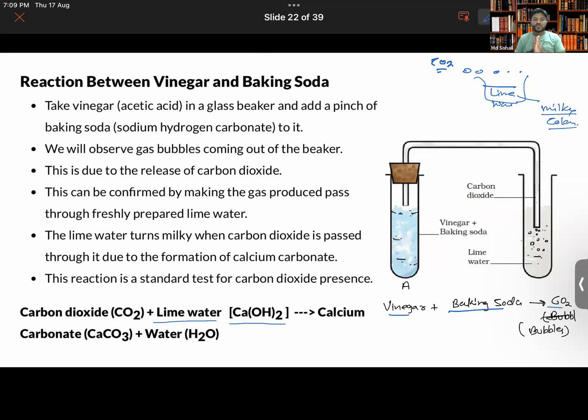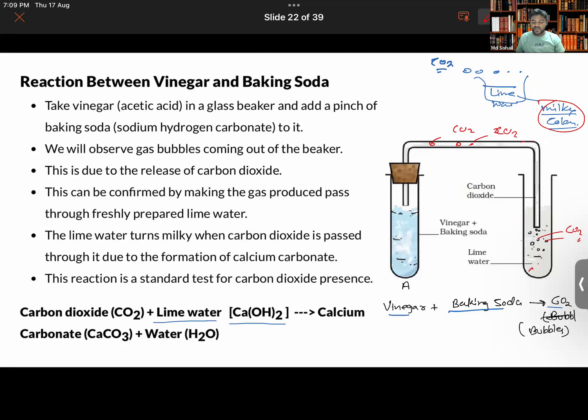Okay. Now, what will happen in this activity? We will prove how the color changes to milky. We are passing carbon dioxide gas via this hollow tube into test tube number B here. And as soon as it enters here, these are the bubbles of carbon dioxide gas.